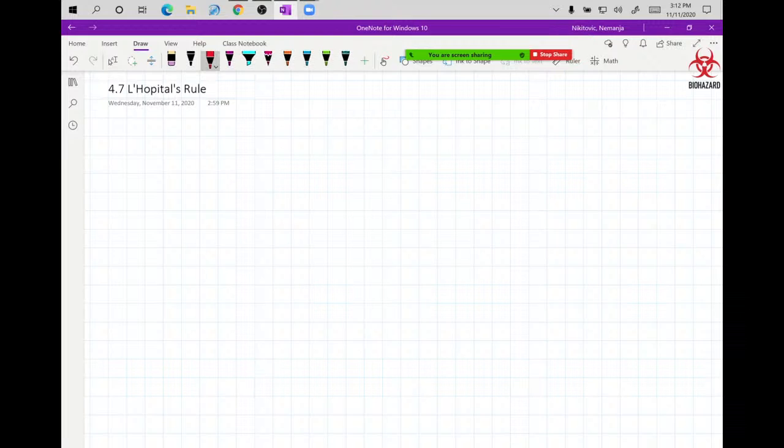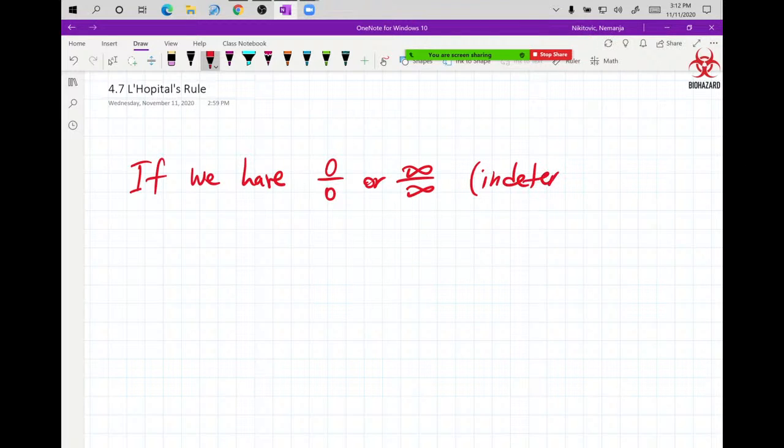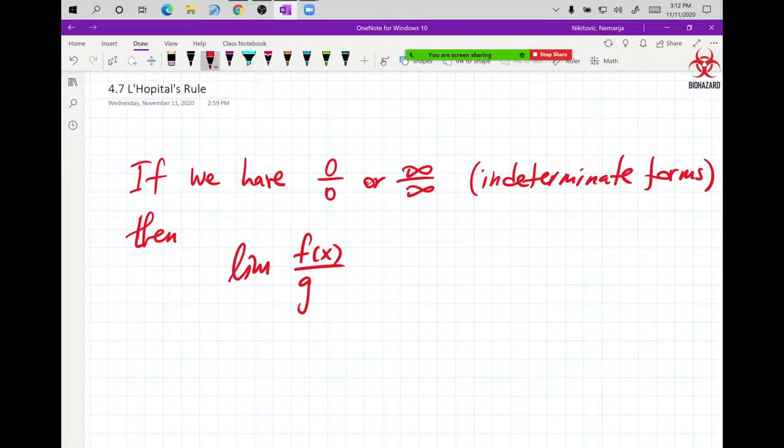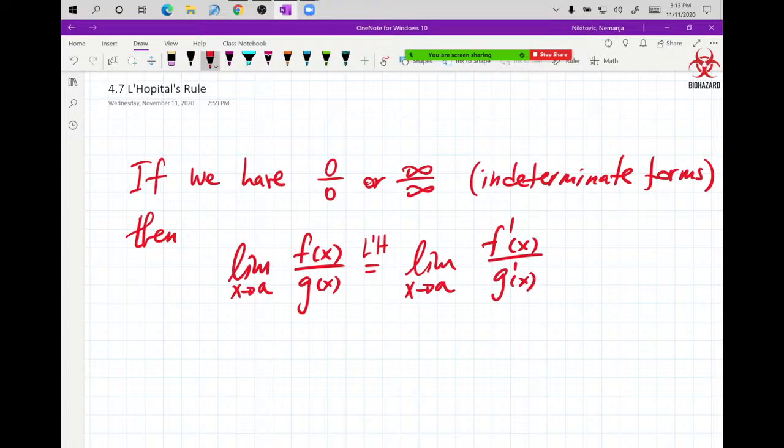So if we have 0 over 0 or infinity over infinity, indeterminate forms, then the limit of f of x divided by g of x as x goes to a is equal, by L'Hopital's rule, to the limit as x goes to a of f prime of x divided by g prime of x.